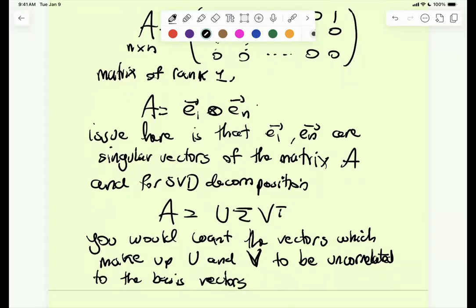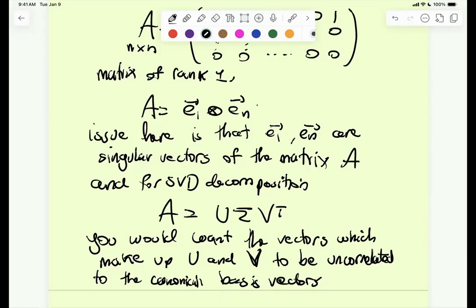Because the idea is that the basis vectors pick up these axes. So if the matrix is constructed out of these axes, unless you happen to sample specifically in those directions, then you're screwed.